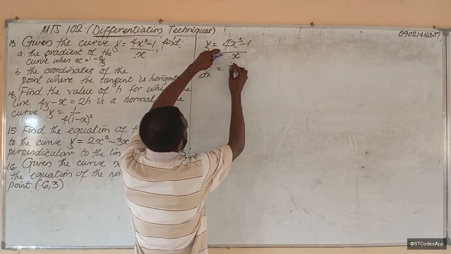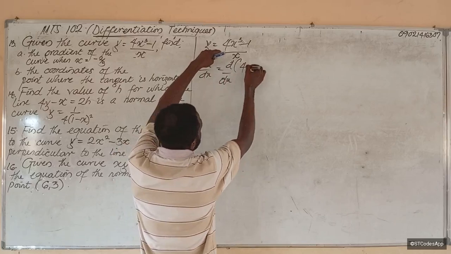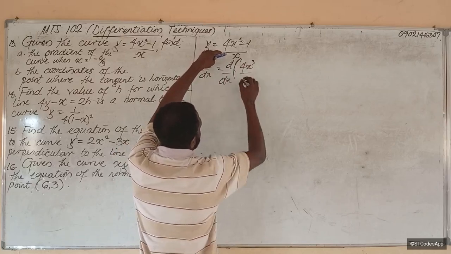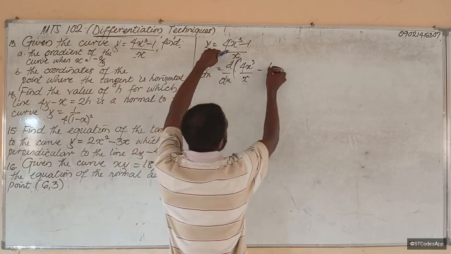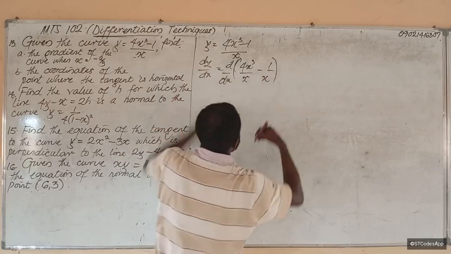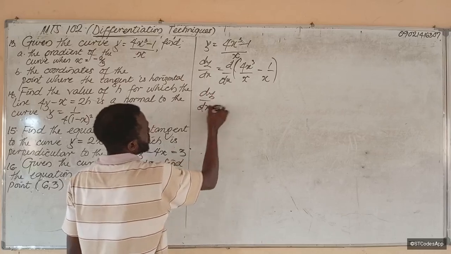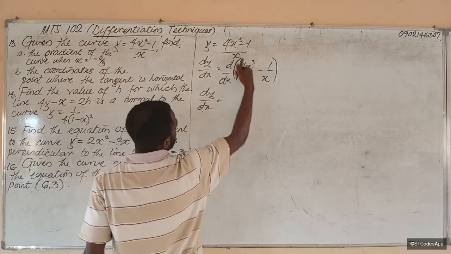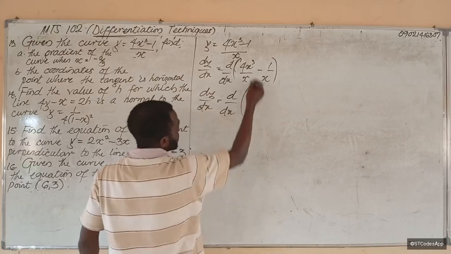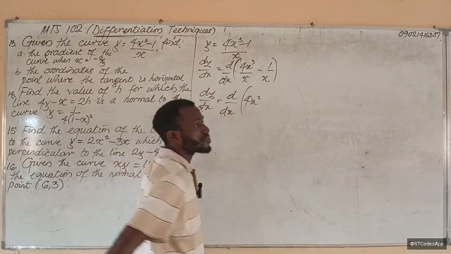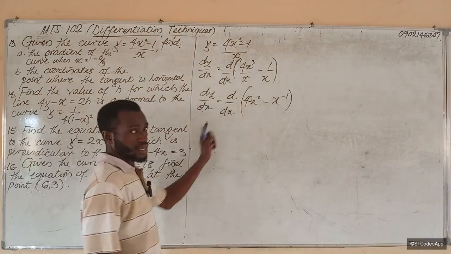So I'll have 4x cubed over x minus 1 over x. Then dy/dx will be equal to, this will give me 4x squared minus x to the power of minus 1, dx.